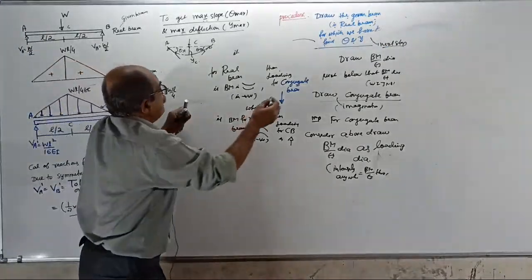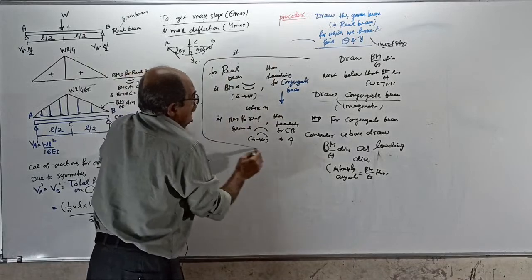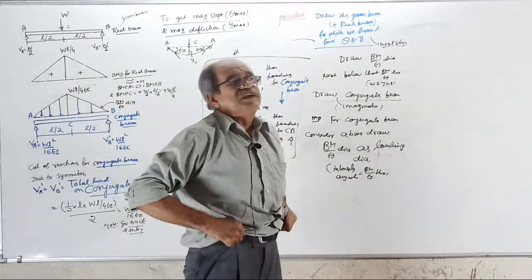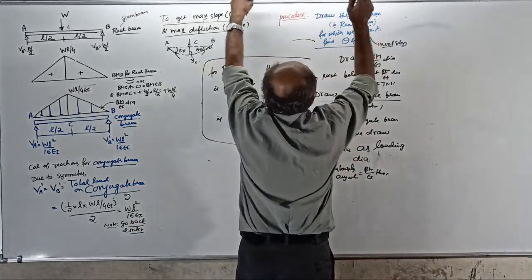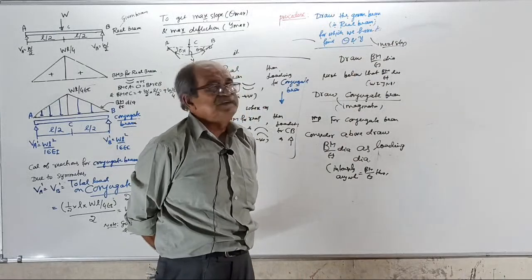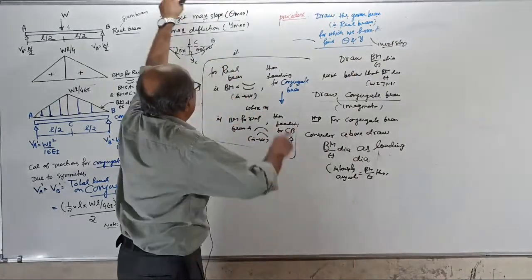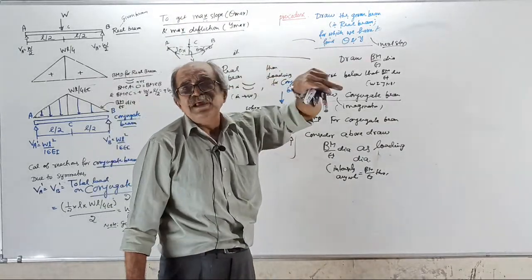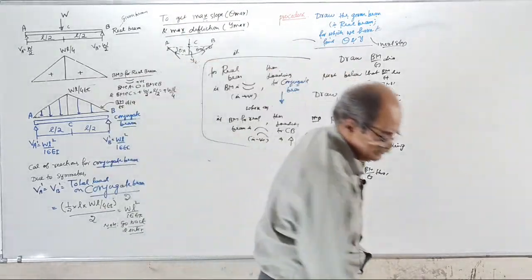Again, this one I forgot. You enter this one in that main box. Remember, first I told one principle. See, the full box I gave: BMD for the real beam is considered, slope equal to shear force, etc. I told you. There, enter this also. Clear now? Somewhere there, after everything is over, enter this also.